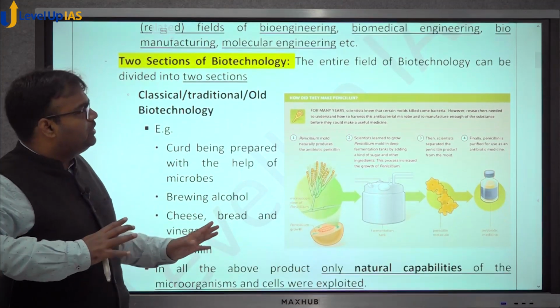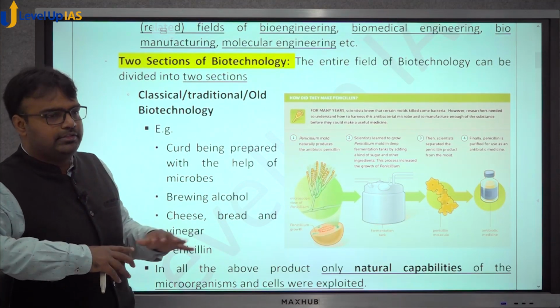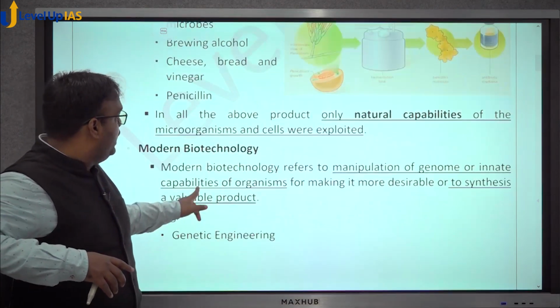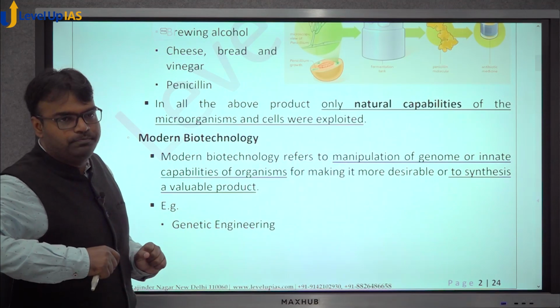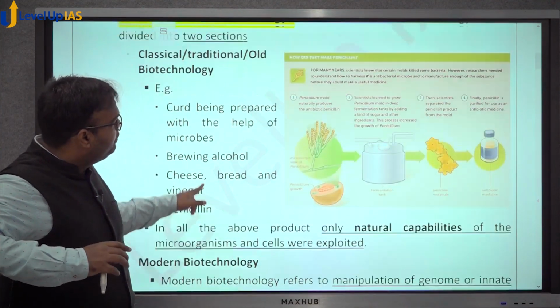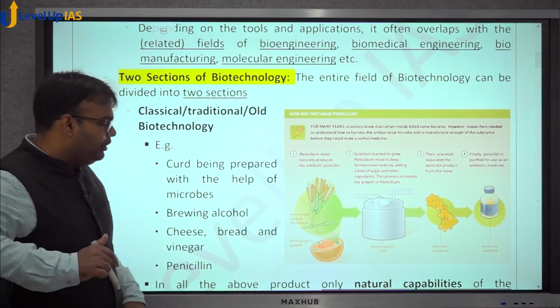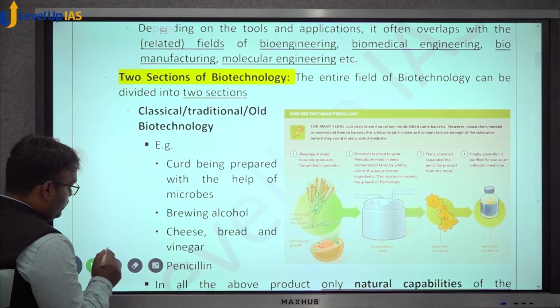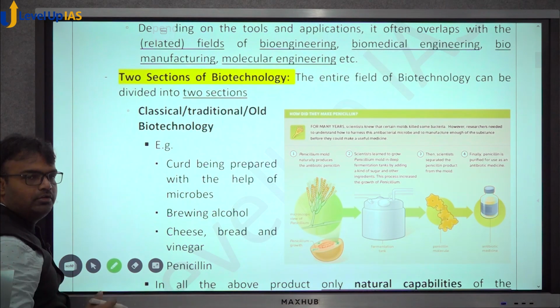Now, biotechnology can be classified into two broad categories. One is classical, traditional, old biotechnology, and the other is modern biotechnology. How is this classification made? When you made curd, what happened?